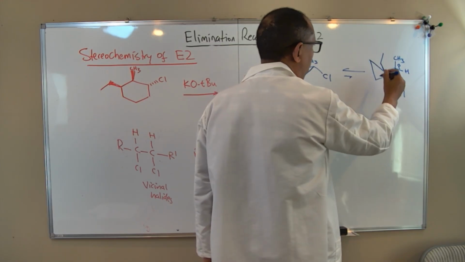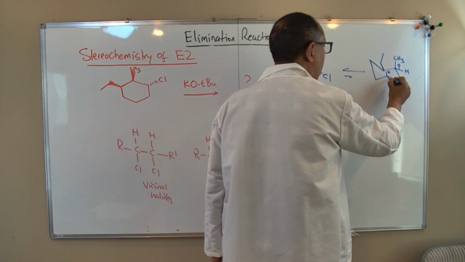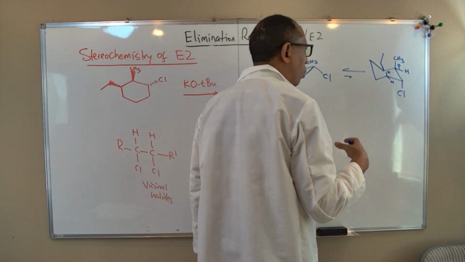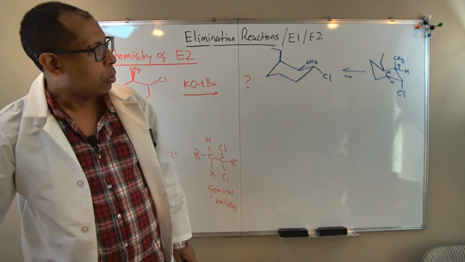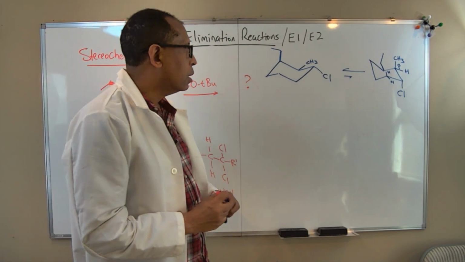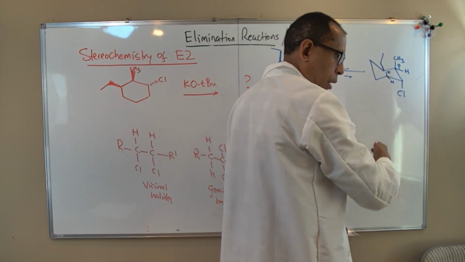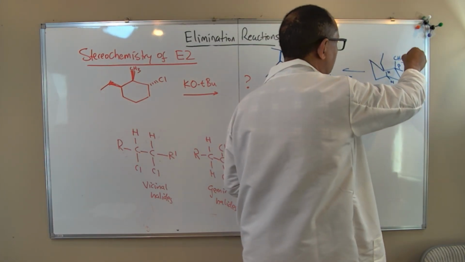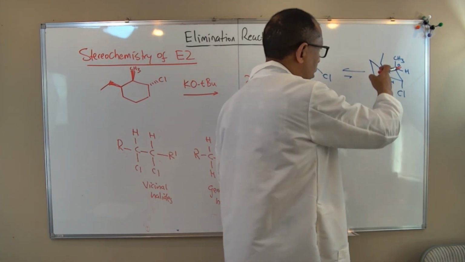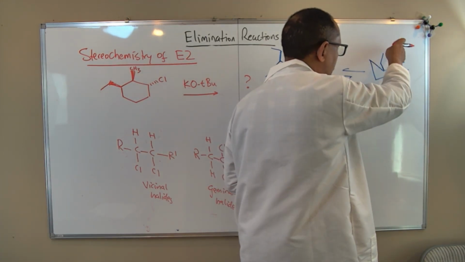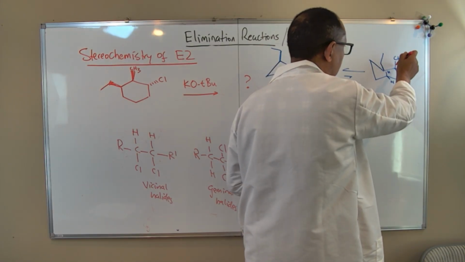And here we have one hydrogen and another hydrogen, but we'll choose which one would be reacting in the E2 reaction. So if you just look here, antiperiplanar, there is no hydrogen. There is no antiperiplanar hydrogen to eliminate chloride from this carbon.